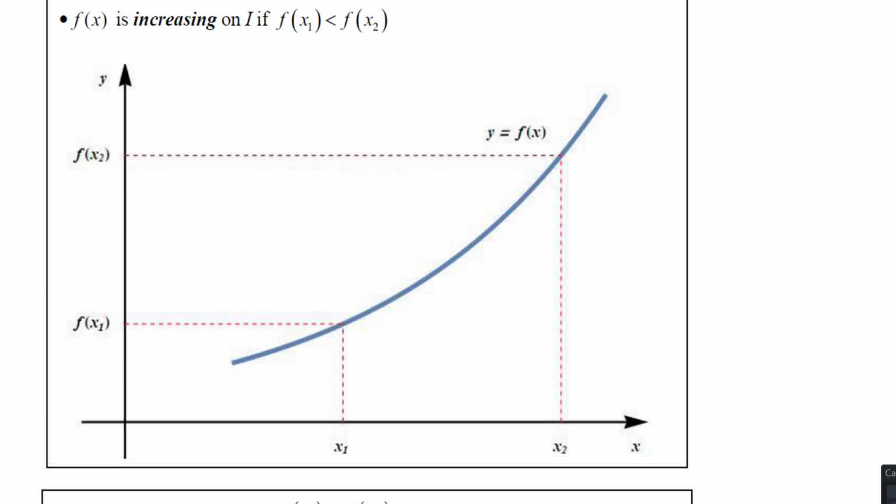So it's some open interval which we're going to call I, and we're going to assume some function f of x is defined on this interval.